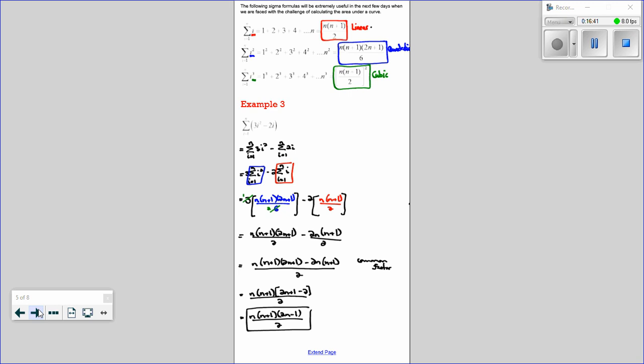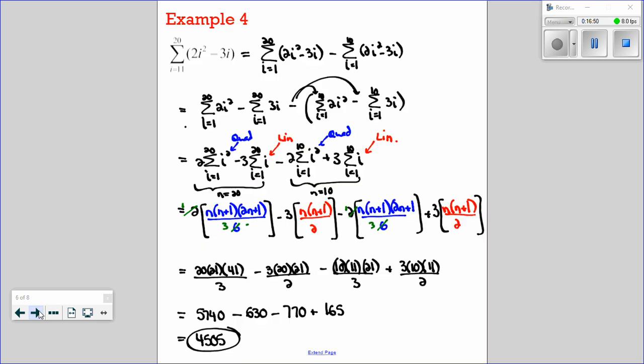I'll just show you the answer to example 4. I don't want to really get into it for the sake of time of the video. But I'll kind of explain it. Here we're going not from 1 to 20, but from 11 to 20. So you'll notice what I did was I went from 1 to 20, and then I subtracted from 1 to 10, because really this would be missing terms 1 through 10.